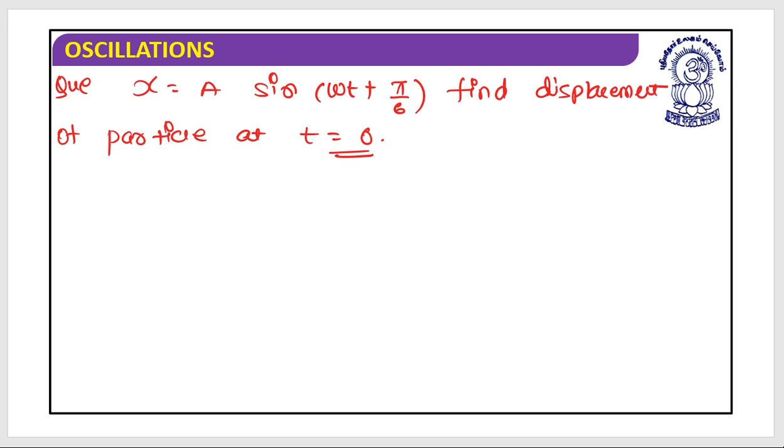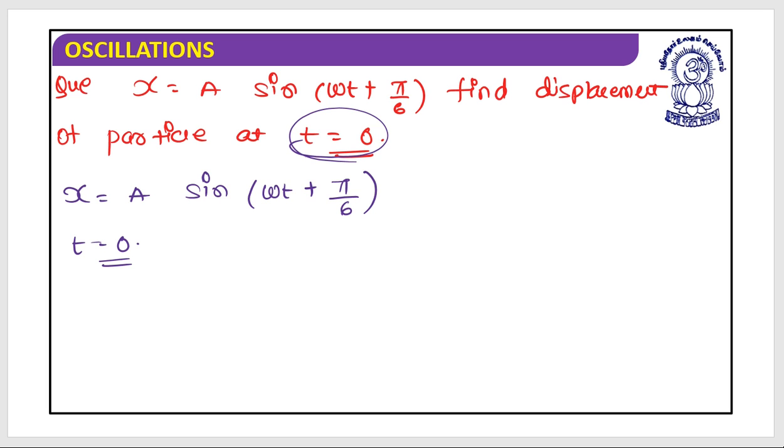So what I understand from this situation is that this is given, which is x is equals to a sine omega t plus pi by 6, and what I want is the displacement of particle at t equals to 0. So at t equals to 0, x is equals to a sine, this is 0 plus pi by 6, so a sine pi by 6.